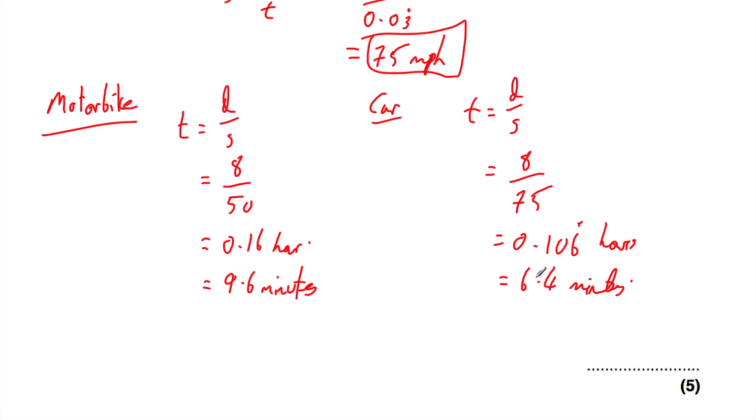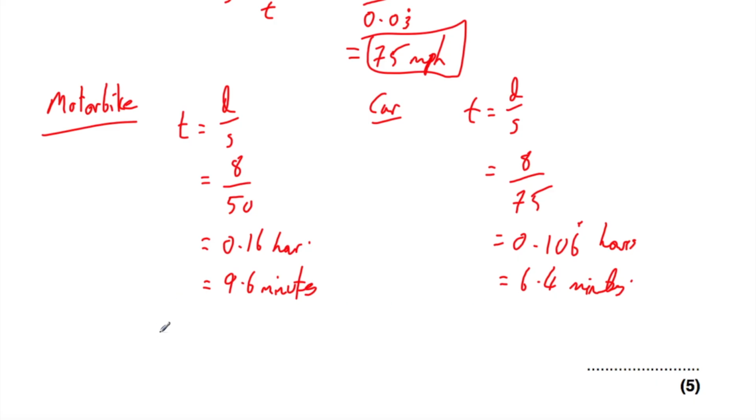We now know how long each vehicle would take to cover the 8 miles, but now we need to consider the fact that the motorbike was given a 1 minute head start. So from the minute they say go and the motorbike crosses the start line, it took 9.6 minutes. But the car had to wait a minute and then cross the starting line.